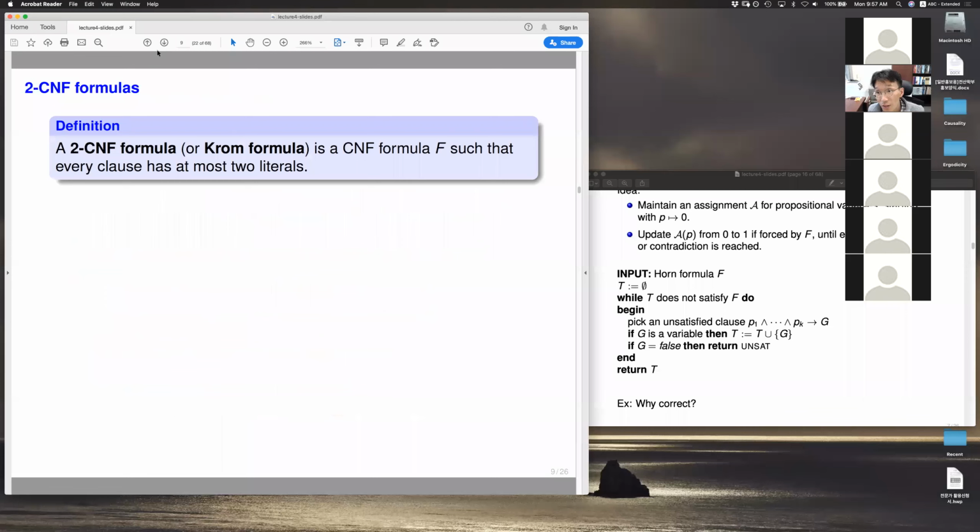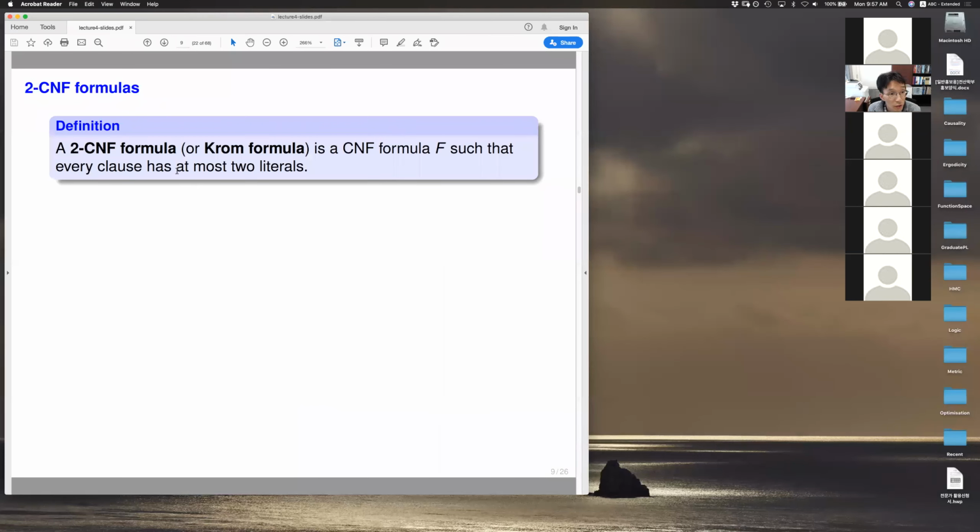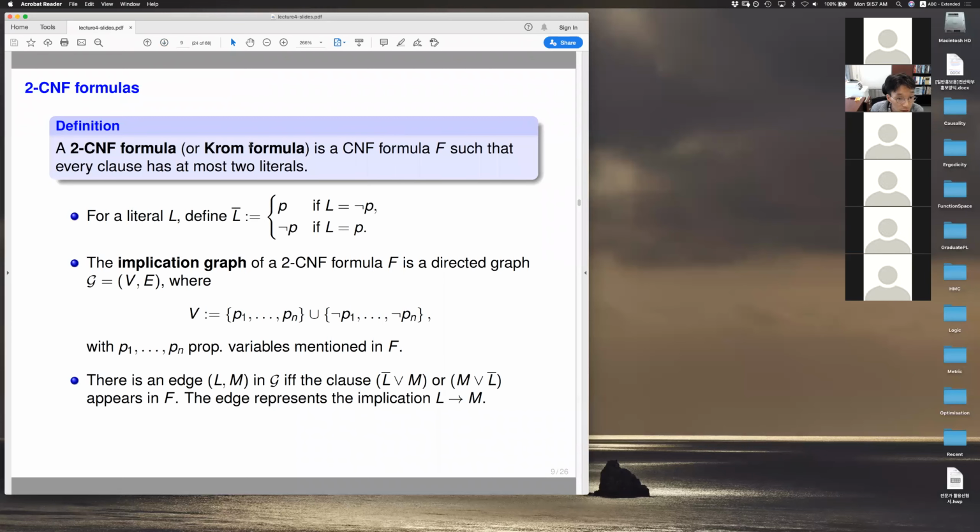The second class of formula that we will consider is the so-called 2CNF formula. That's a conjunctive normal form formula where each clause has at most 2 literals. Sometimes these 2CNF formulas are called Krom formulas.